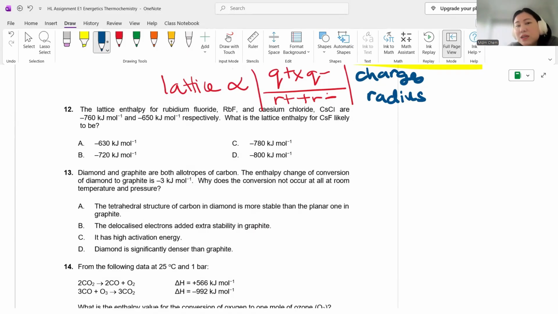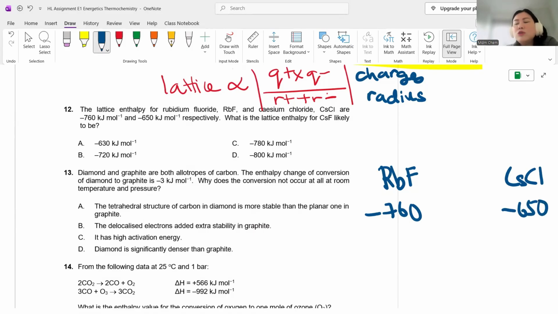The only difference is the radius. So let's put it in order. RbF, negative 760, CsCl, negative 650. So you need to know where they are in the periodic table in a way. You need to know which is smaller and which is bigger.